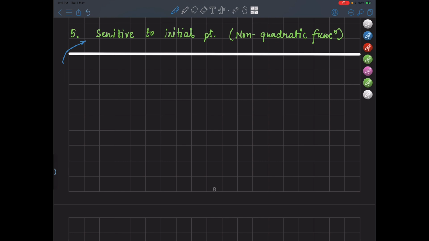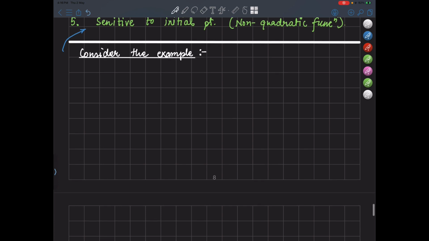All right, so let's take an example in a single variable. So consider the example: minimization over x belonging to R^n of log(e^x + e^-x).